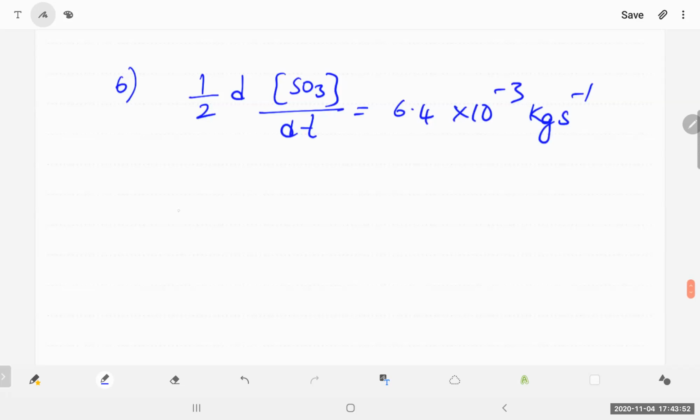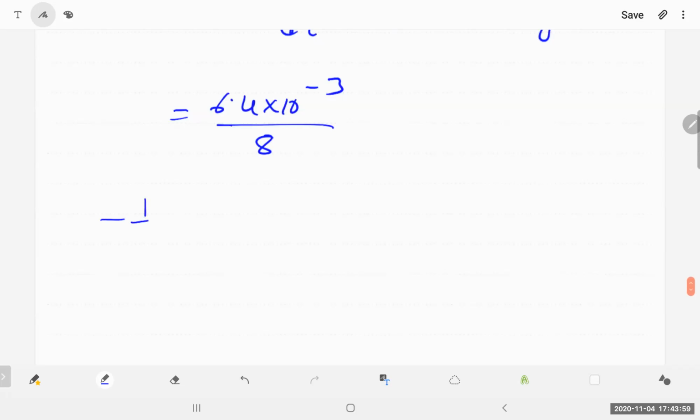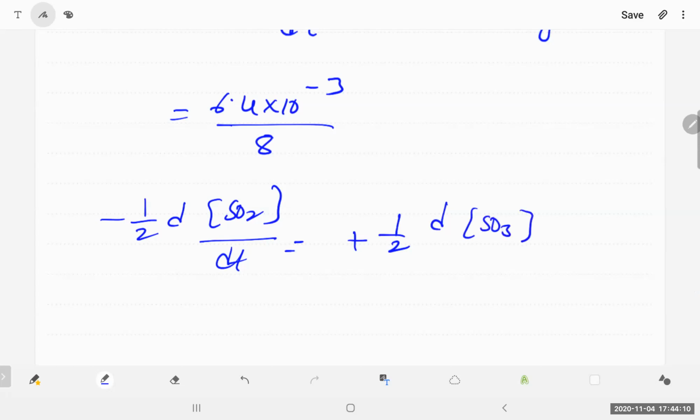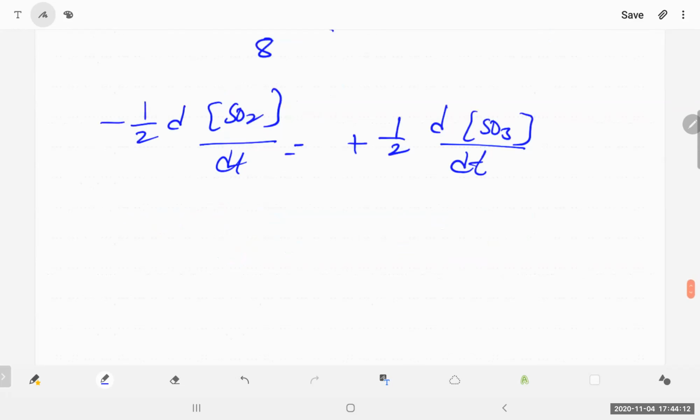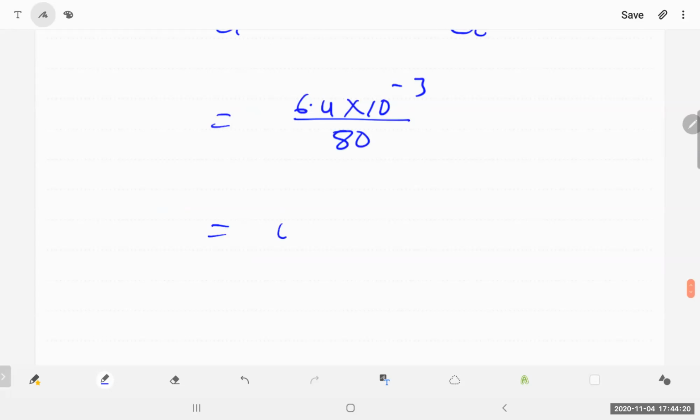So that is equal to 6.4 into 10 power minus 3 by 80. Then minus half dSO2 by dt is equal to, according to the rate law expression, dSO3 by dt, that is equal to 6.4 into 10 power minus 3 by 80. So that gives 0.08 into 10 power minus 3, that is 8 into 10 power minus 5 kg per second.